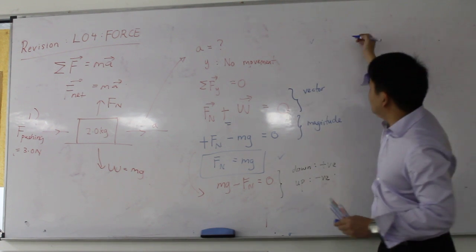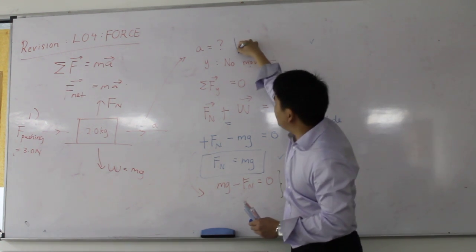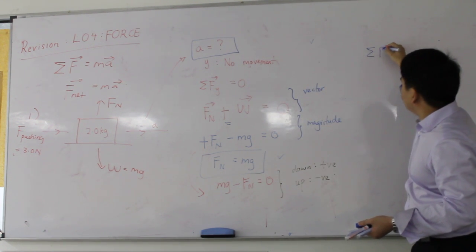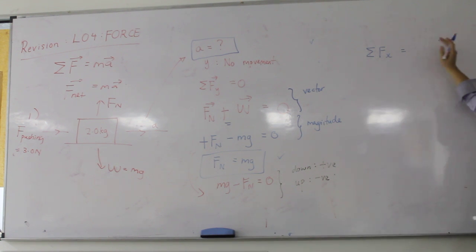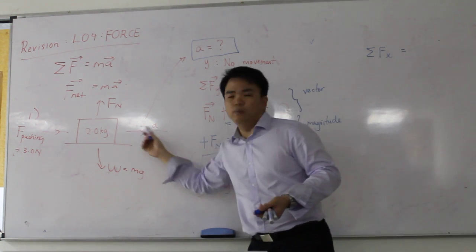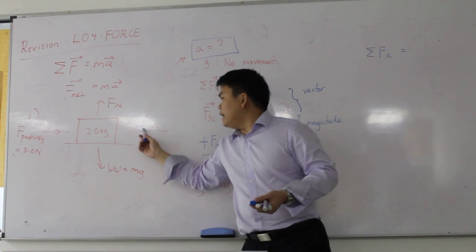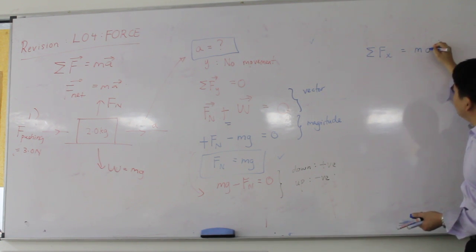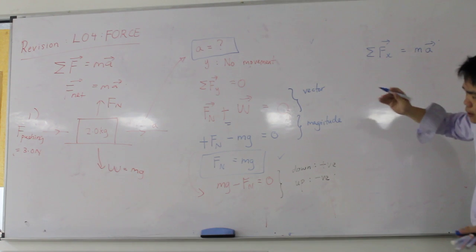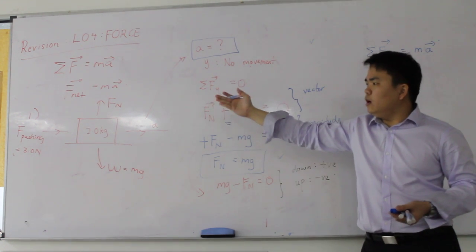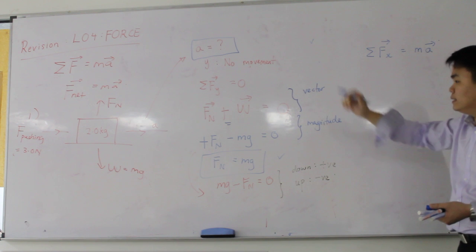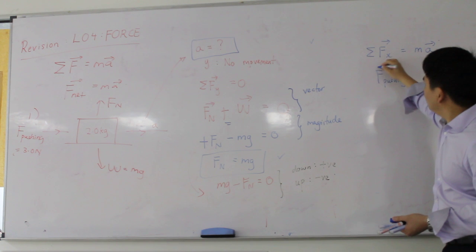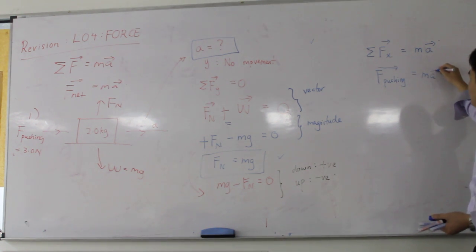Let me move to the second part, where our target is to find out the value of a. Then in that case, sigma Fx equal to, it is no longer 0 because there is a horizontal movement, and this horizontal movement has an acceleration a. So we can put it as ma. Again, how many forces are involved? Actually, it has only one force for this case. So I can put F pushing equal to ma.